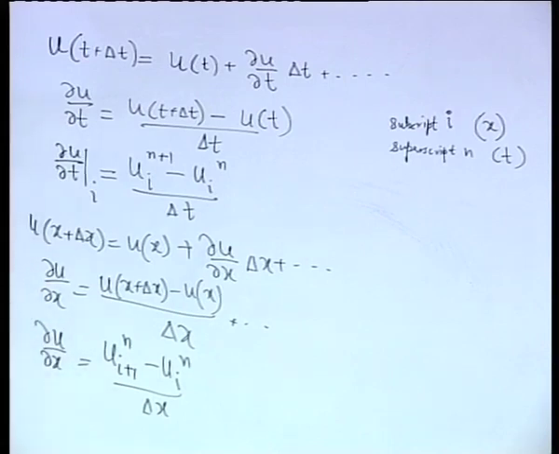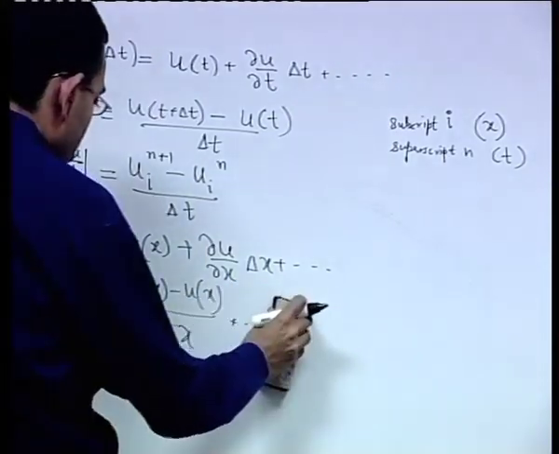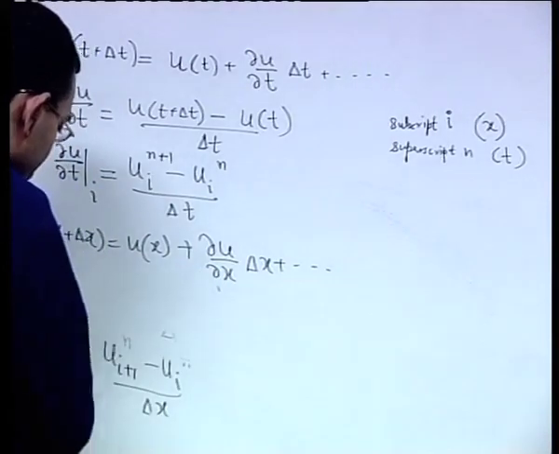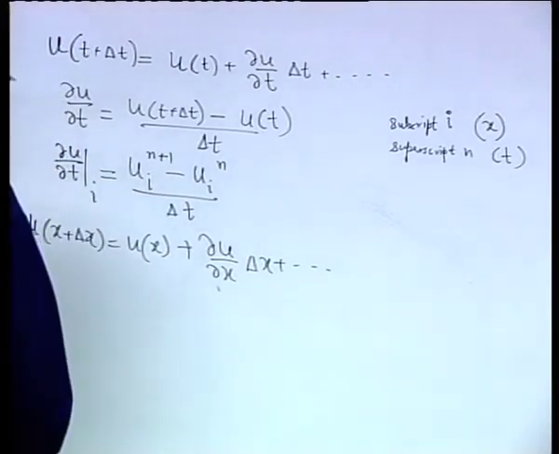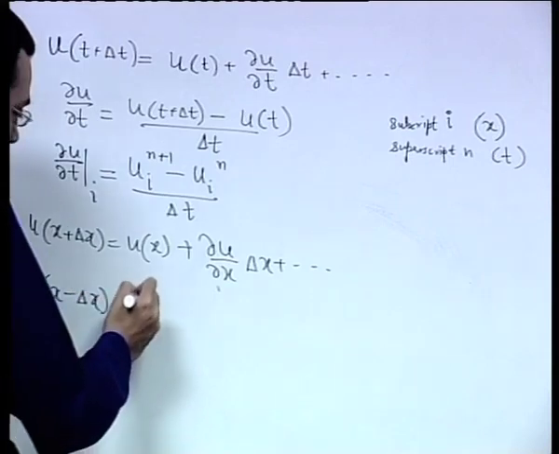So, to do central space, we have to find out u at x minus delta x also. So, let us do that.